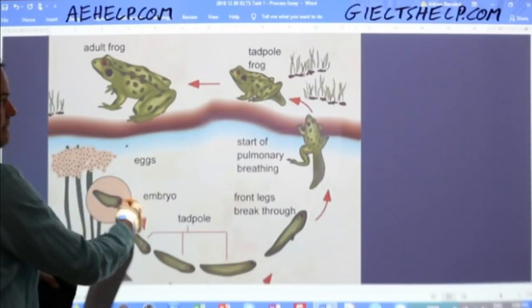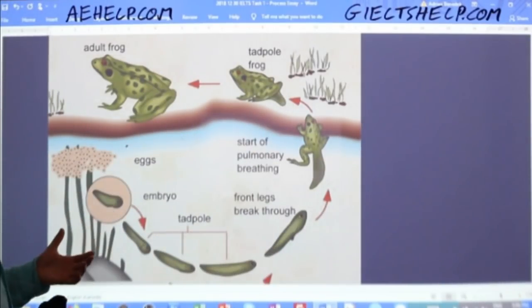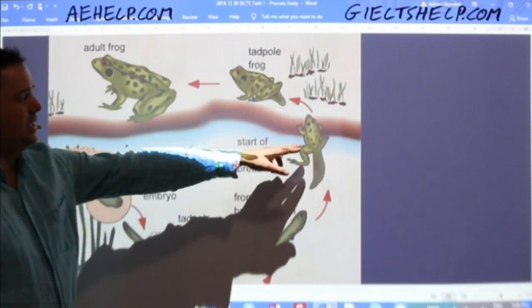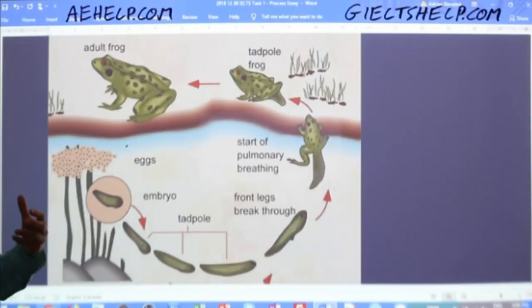So here you have this, again, this circular cycle. Just make sure you have a good start point.